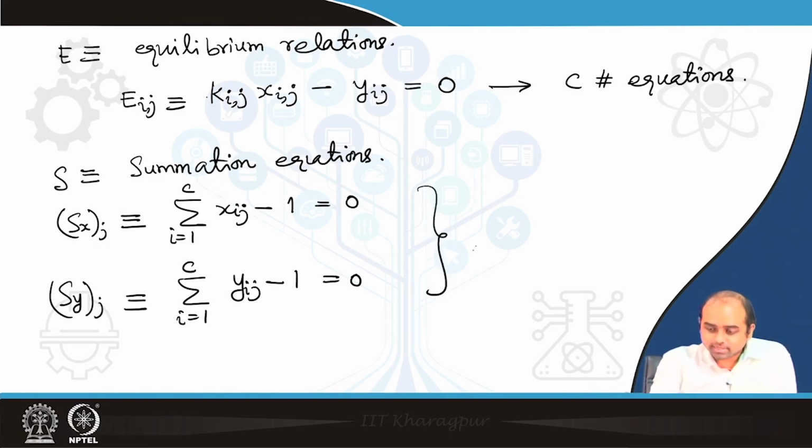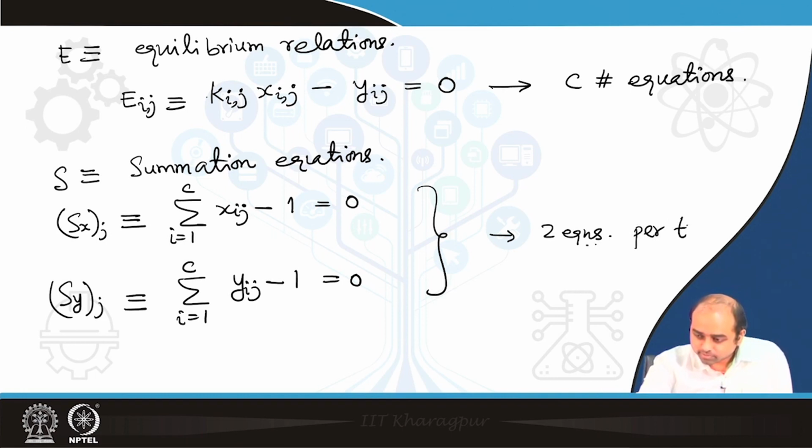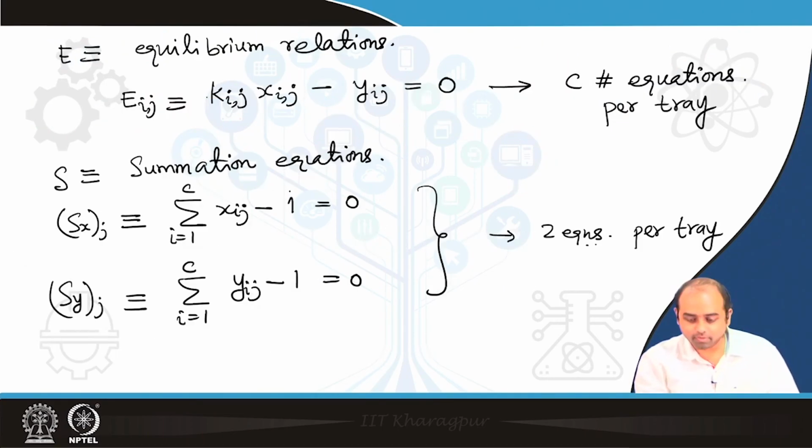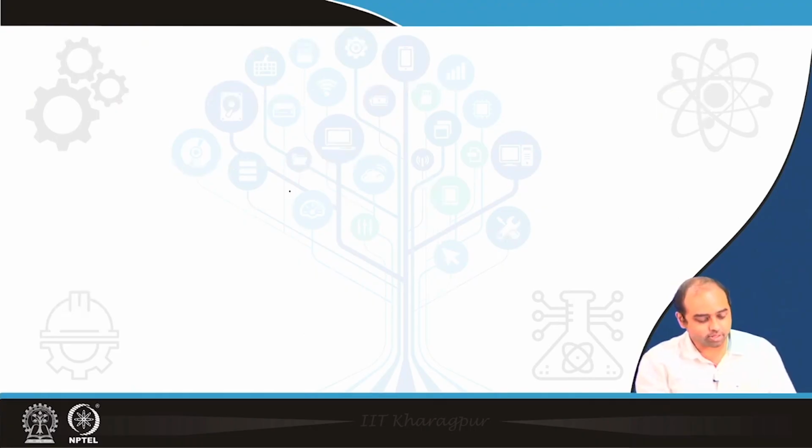So from here essentially you can get two equations per tray, of course. So here also, C equations per tray, right? Now we are moving ahead. Now let us talk about the energy equation.